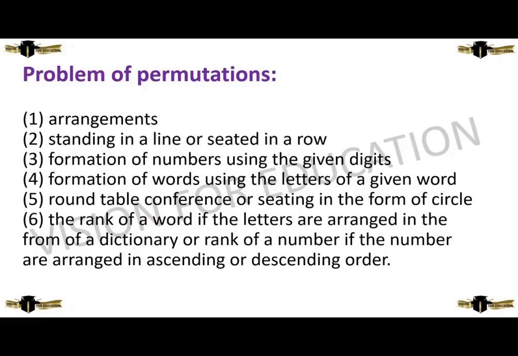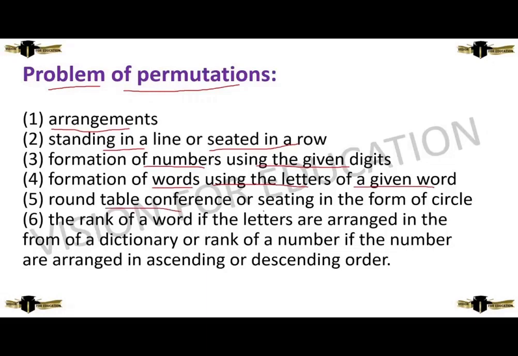Now we'll see the problems of permutation. What kind of questions can be asked regarding permutations? They may be arrangement problems. They could be standing in a line or seated in a row problems. Formation of numbers using the given digits. Formation of words using the letters of a given word.